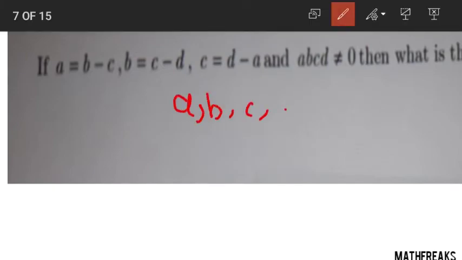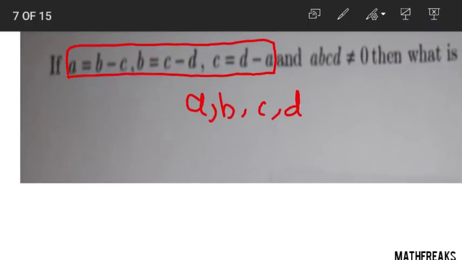Where students make the mistake is in finding a relation between a, b, c, d. Most of the mistakes that students make in this question are in finding the relation between a, b, c, d, because so many equations have been given to us that it usually confuses us.